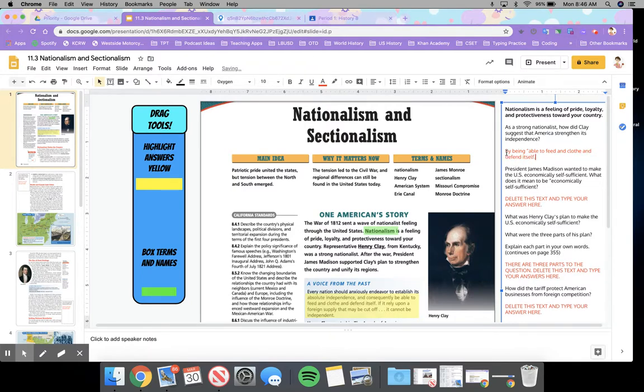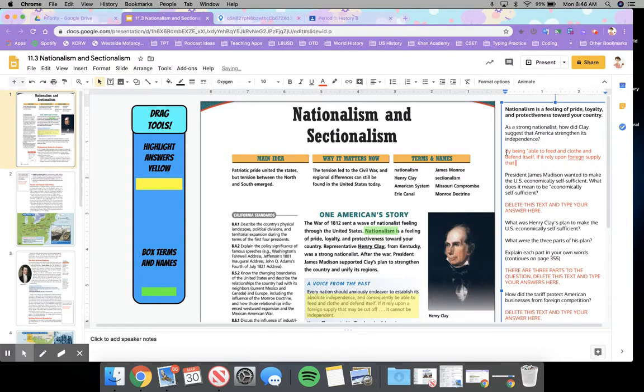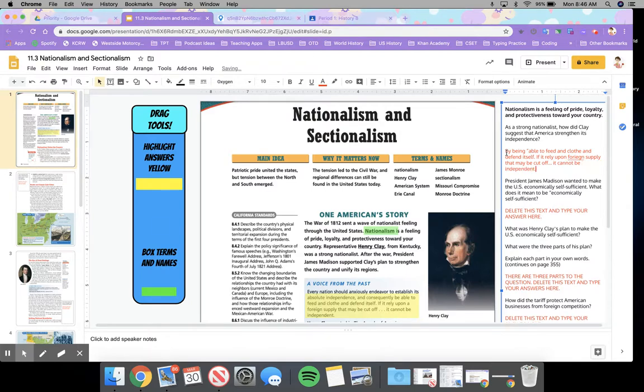And then I'm going to continue my quote, my information. If it rely upon foreign supply that may be cut off, it cannot be independent. Okay, and then check my spelling.